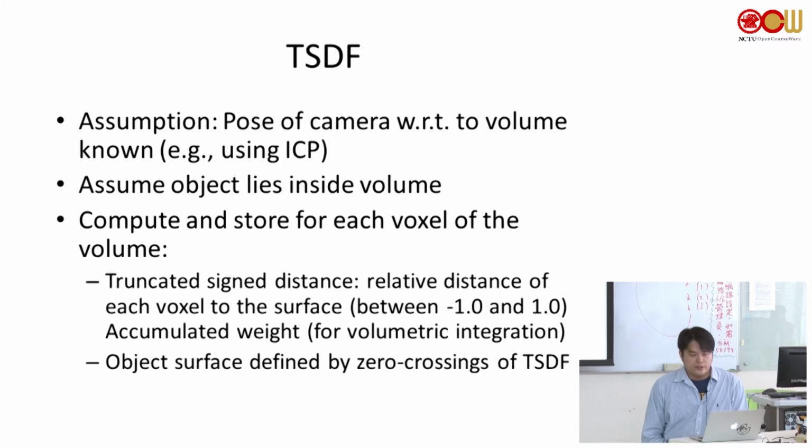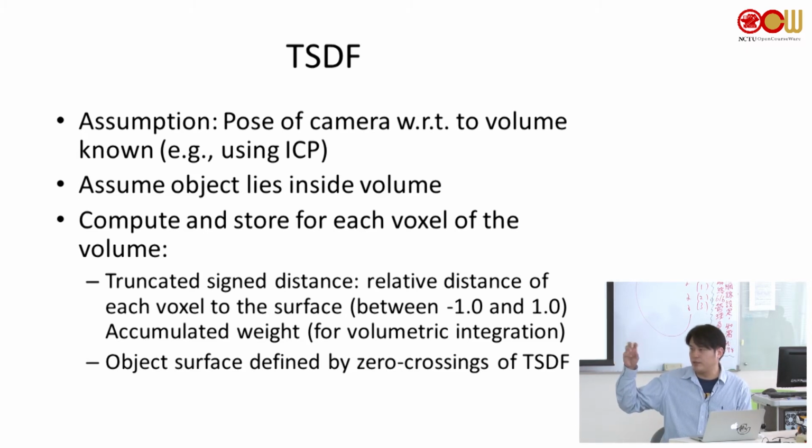We want to use the TSDF. There are some assumptions here. We assume that we have a fairly good pose estimation, for example, by ICP. And we also assume that the object is inside the volume. In other words, the volume is not moving. But you could think that this assumption will limit our application somehow, so it will be at a small scale. The computation tries to compute and store values for each voxel.